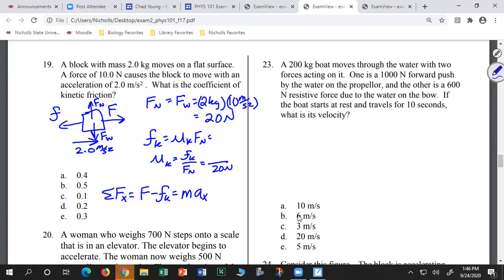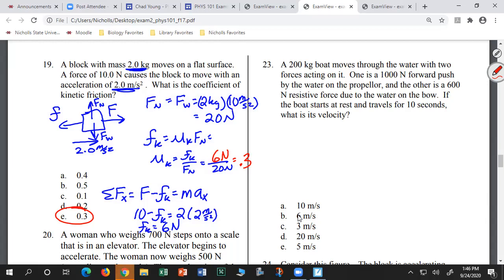That is 10 minus Fk is equal to 2 kilograms times 2 meters per second squared. So Fk is equal to 10 minus 4, or 6 newtons. So I can put that 6 in right here, and that's 0.3 for mu k.